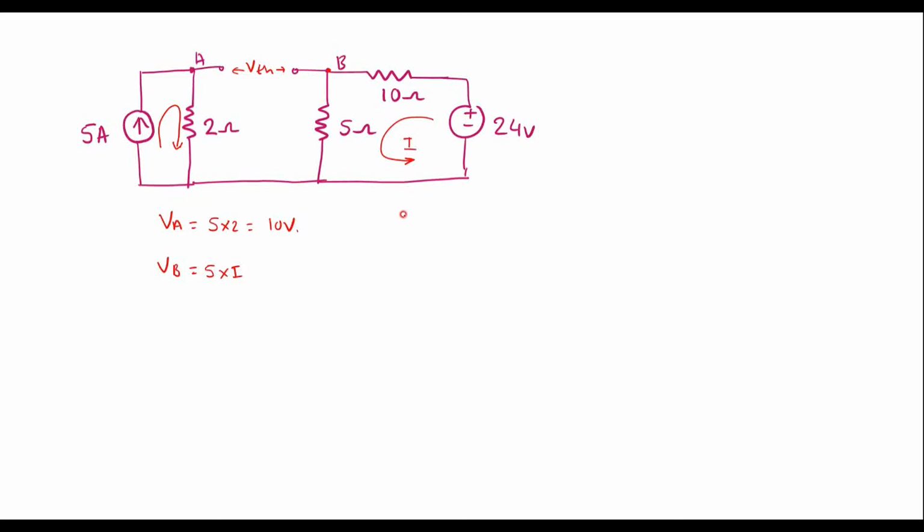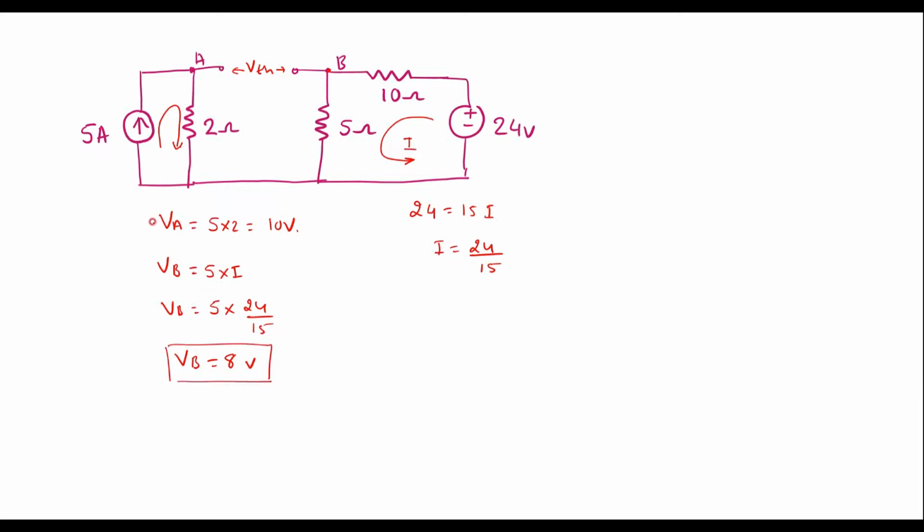So here I can be calculated by applying KVL to this loop: 24 is equal to 10 and 5 are in series, 15I. Therefore I is equal to 24 by 15. So therefore VB is equal to 5 into 24 by 15. Therefore VB is equal to 8 volts.